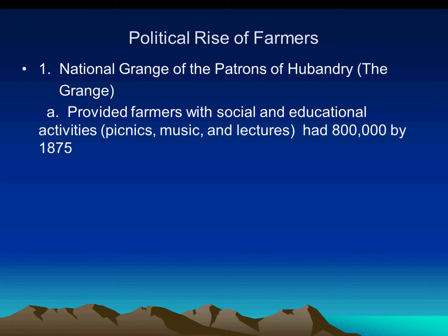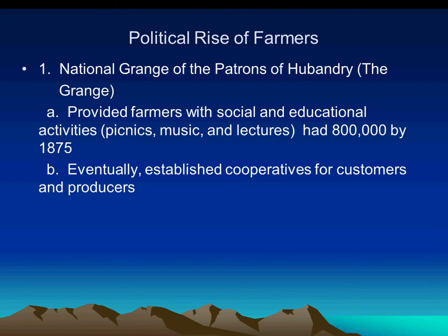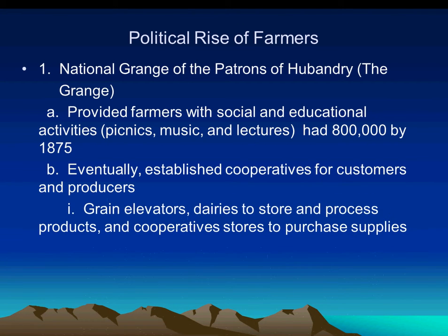By 1875, there were about 800,000 people part of the Grange movement, and this was mostly in the Great Plains states. They eventually established co-ops where, for customers and producers, they would buy things in bulk and sell it in bulk to increase the prices.